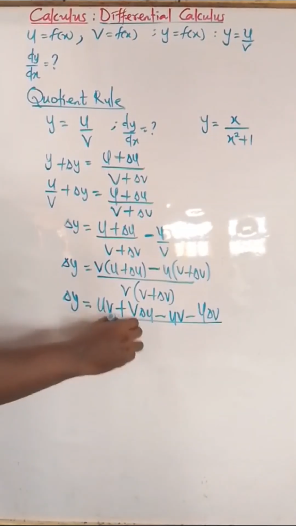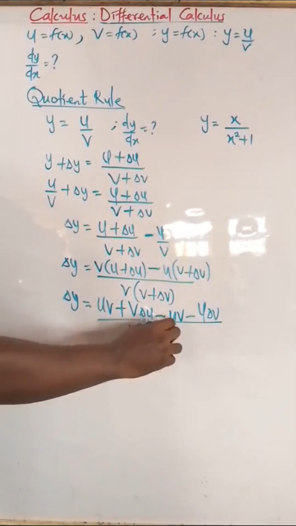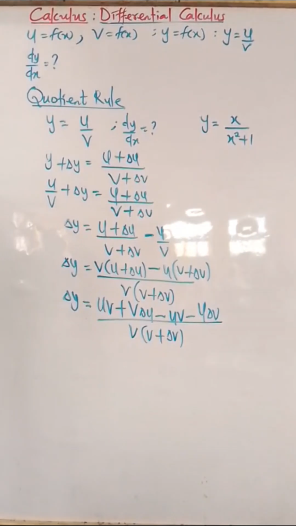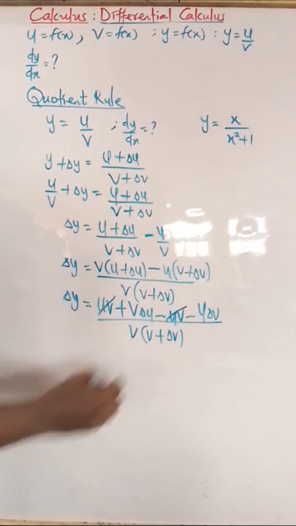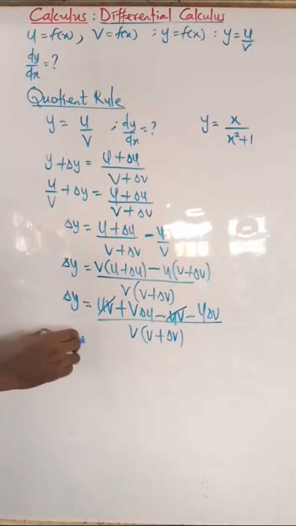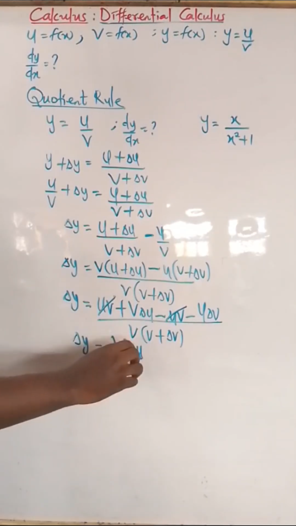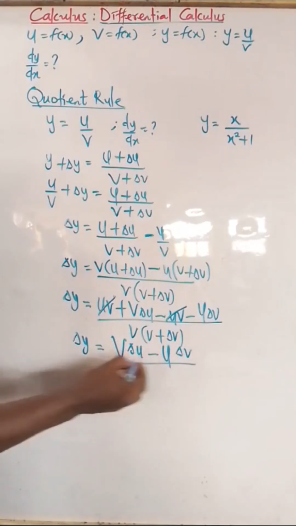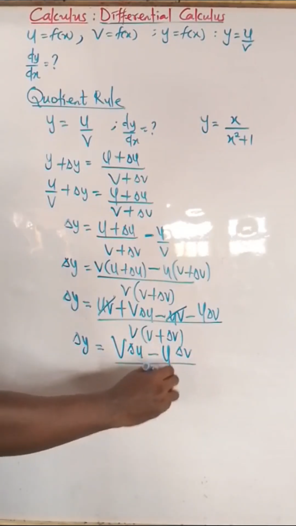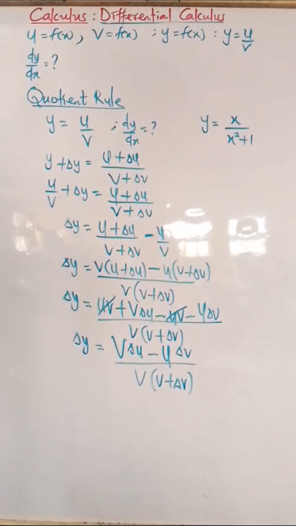Everything divided by v plus v change in v. So this will obviously cancel this. So from here it means change in y becomes v change in u minus u change in v divided by v into what? v plus change in v.